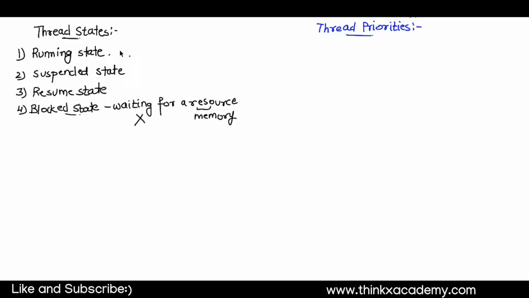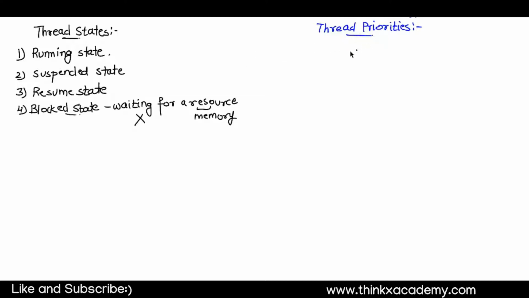We can change the state of a thread whenever we want to, because there are cases when we need to stop a thread, or suspend it, or resume it. So we will have to discuss the states, then only we will be able to implement it in Java. Similarly, it holds true for thread priorities. You will have to know what a thread priority is, then only you will be able to use it.